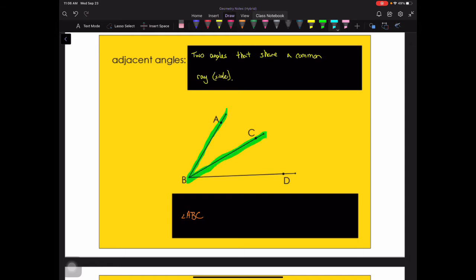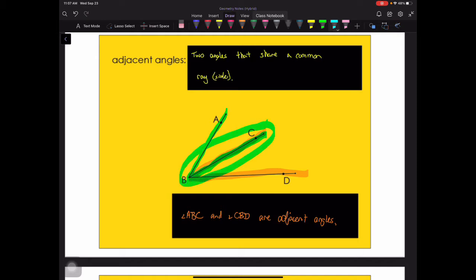ABC and CBD are adjacent angles. The reason is they share this side right here. It's two angles beside each other. They share that common ray, BC.